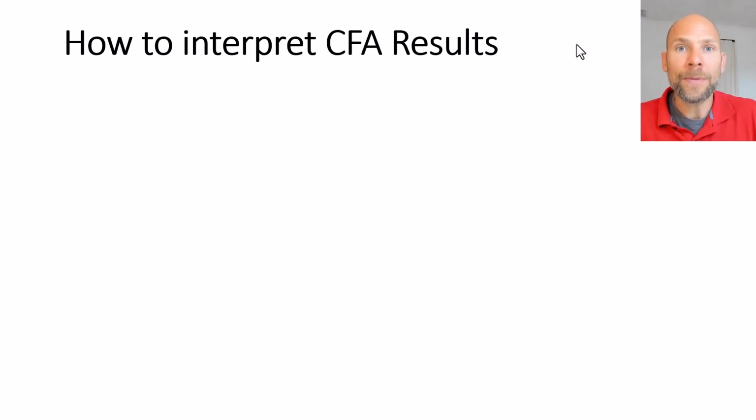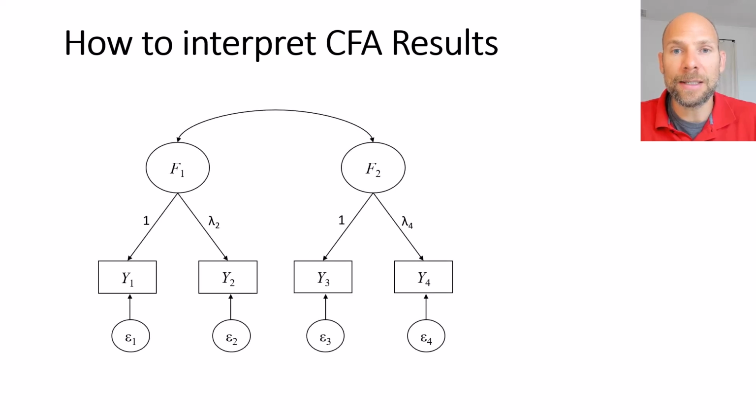So first of all, let's look briefly into what confirmatory factor analysis is. Here you can see an example of a two-factor model with two indicators per factor and correlated factors. For example, I might be interested in looking at a model for two different abilities.